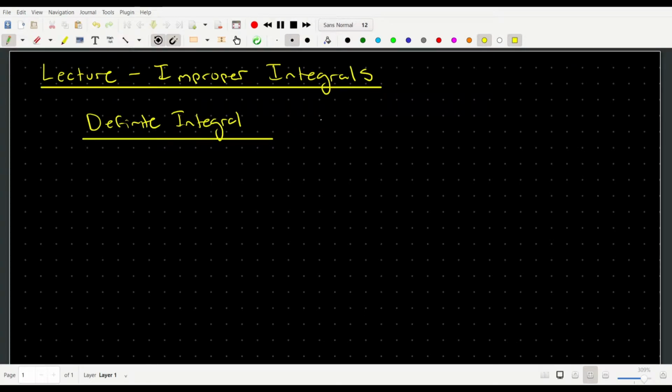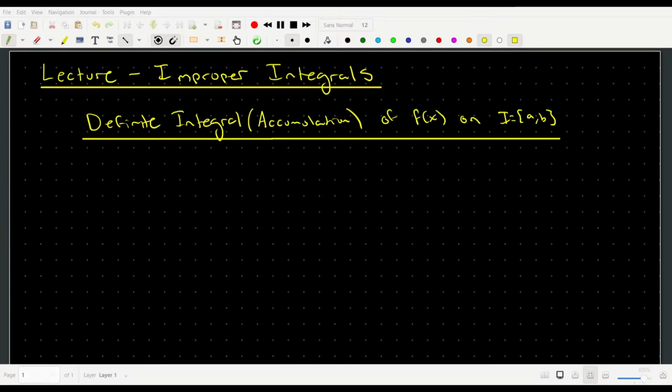This is also better thought of very often as the accumulation of a function on some interval from A to B. In Calculus 2 class, this is denoted with what's called the integral symbol.